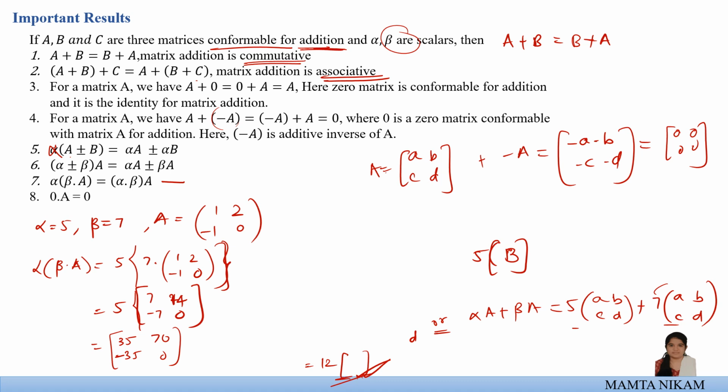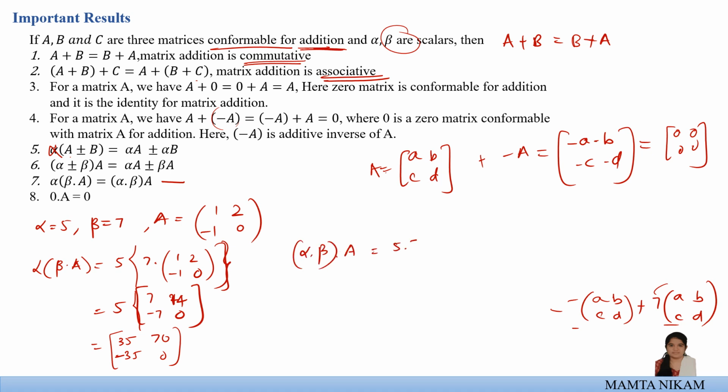Whereas if you do the multiplication of scalars first, that means alpha into beta and then into A, so 5 into 7 into the matrix [1, 2; minus 1, 0]. So 5 into 7 is 35, and 35 multiplied by this matrix will be 35, 35 into 2 that is 70, minus 35, and 0.